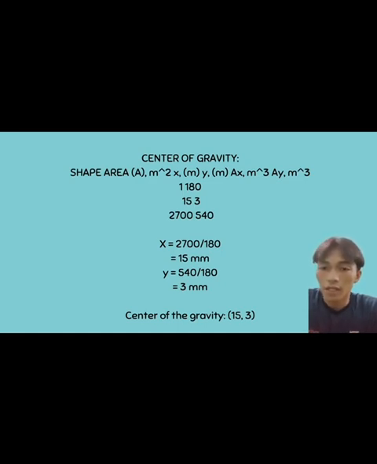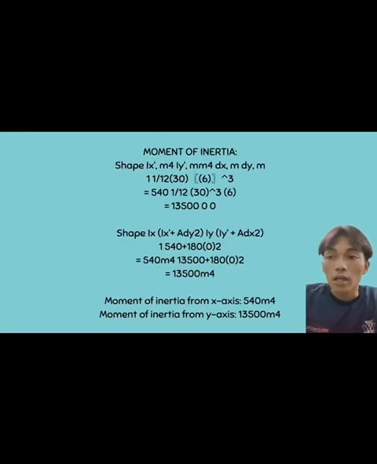The center of gravity is, for the x axis 15, and for the y axis 3 meter. As you can see, there is the calculation that I did in my project.